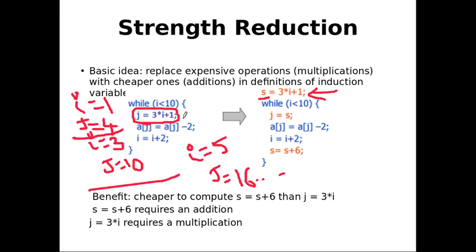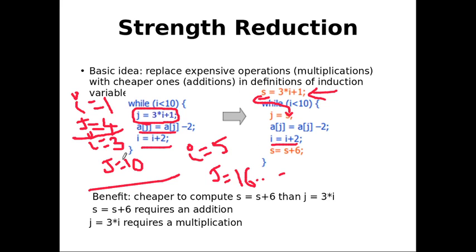Now that multiplication statement I am moving outside of the loop by applying code motion, like s equal to 3 into I plus 1. Now the same I value, my j can be assigned with my created variable, j equal to s.